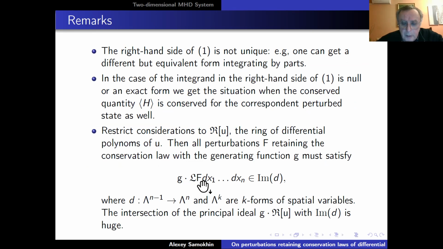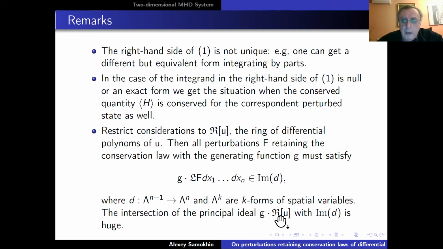The right-hand side, the scalar product of the generating function and the additional term, must be in the image of operator D. And of course, the intersection of the principal ideal, that is the right-hand side of this inclusion, with the image of the operator is huge.